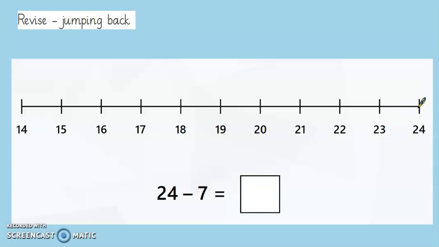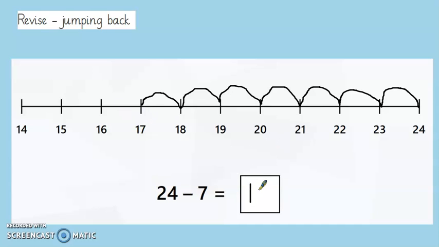So I'm going to start at 24 and jump back 1, 2, 3, 4, 5, 6, 7. I've landed on 17, which means that 24 subtract 7 is equal to 17. And if I want to check that, I just need to count my jumps. 1, 2, 3, 4, 5, 6, 7. Yes, it must be right.